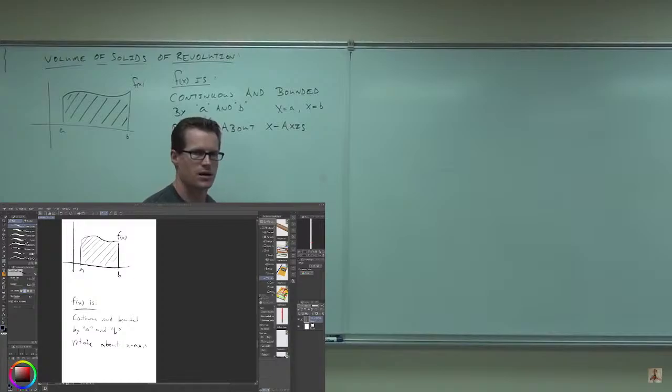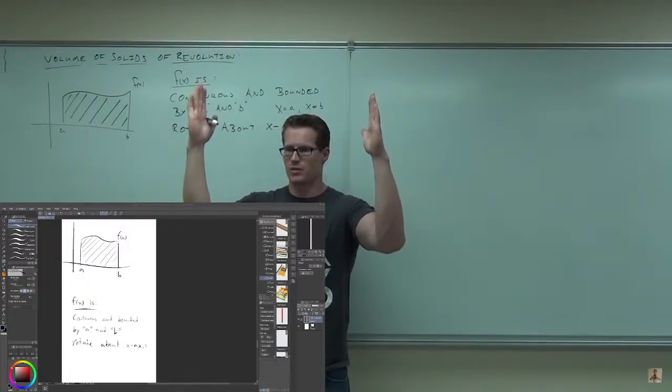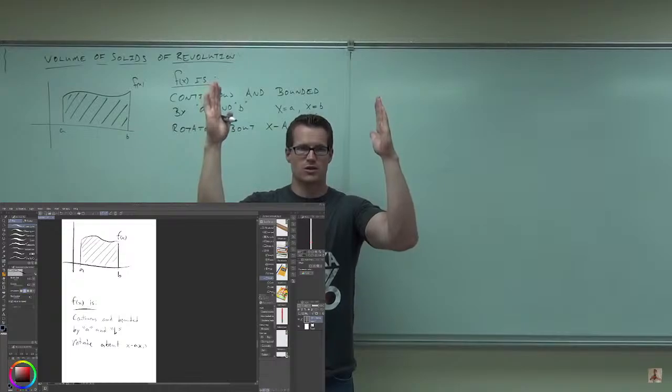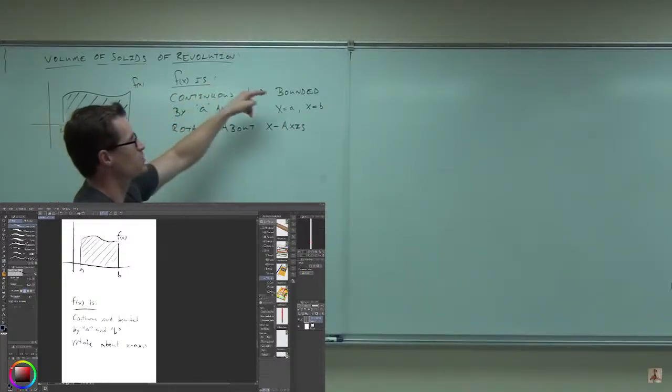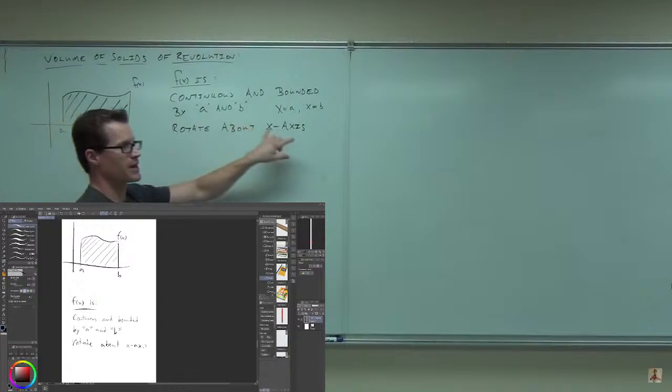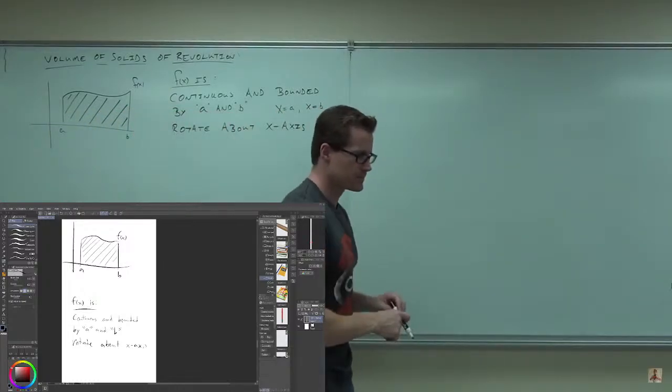Are you okay with that? X equals A and B are vertical lines, are they not? That would be bound between those two vertical lines. Vertical lines are perpendicular to the x-axis, so if we have a continuous bounded function between A and B and we rotate it about the x-axis, it will have sides that are perpendicular to the x-axis.